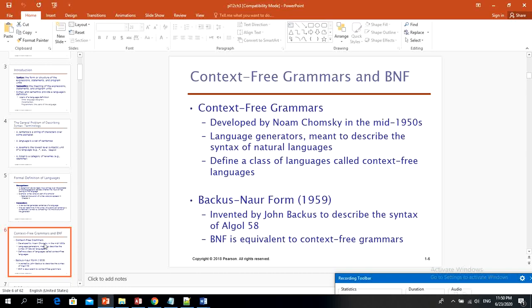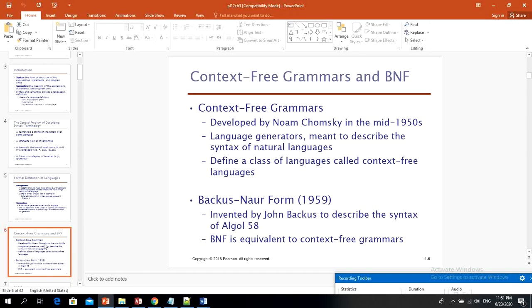Context-free grammars were developed by Noam Chomsky in the mid-1950s, and were actually implemented 8 years later in ALGOL after the development of the ALGOL language. So the language generators were meant to describe the syntax of natural language. So they use the natural language to create some generators to describe them.